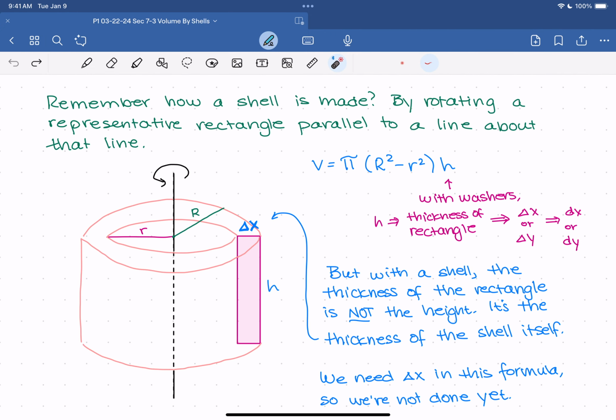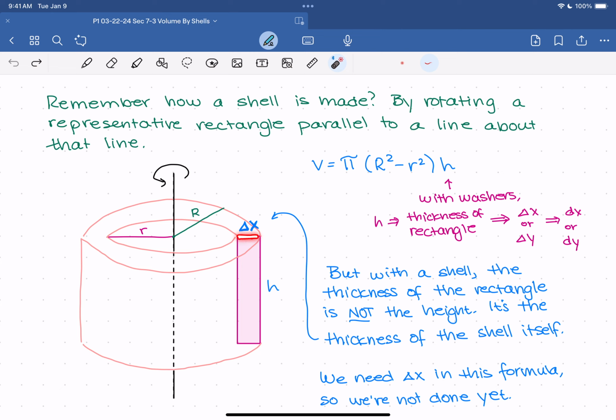So the key is this. Remember how the shell is made. We have this representative rectangle that rotates around. The thickness of the representative rectangle is what tells us if it's a dx or a dy problem. And in this case, the way it's oriented, that would make this a dx problem.